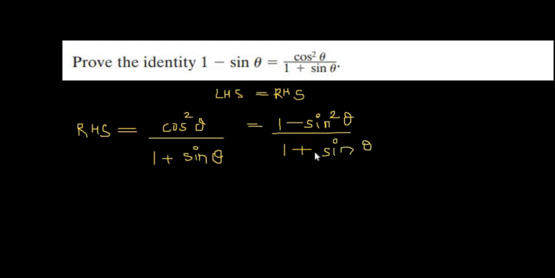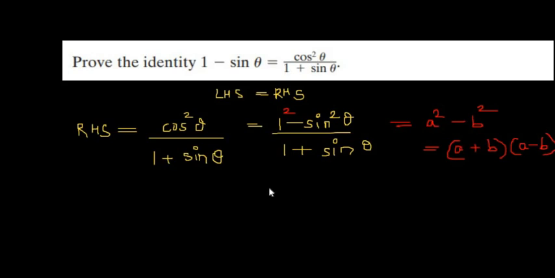Here in trigonometric identities examples, we have to also make use of algebraic identities. For example, here in the numerator you can see that this is of the form a square minus b square, like 1 square minus sine square. And in the algebraic identities, a square minus b square is given as a plus b times a minus b.